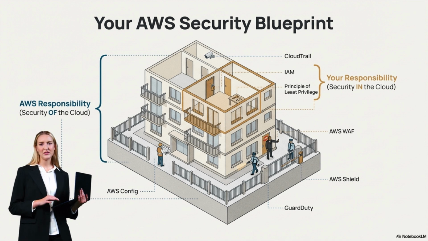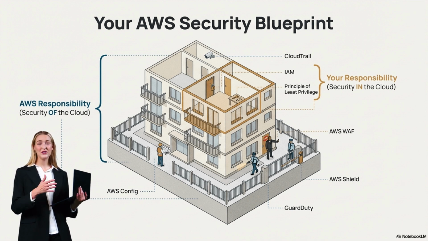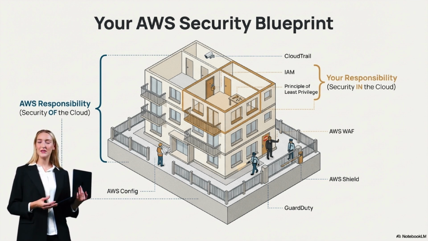This includes your specific apartment unit, where you use IAM and the principle of least privilege to manage access, and CloudTrail to log activity. You also see our specialized services like AWS WAF, AWS Shield, and GuardDuty, working at the perimeter and in the hallways to keep the entire complex safe. This holistic view shows how the partnership creates a truly secure environment.